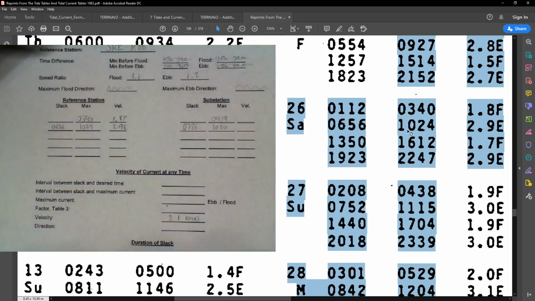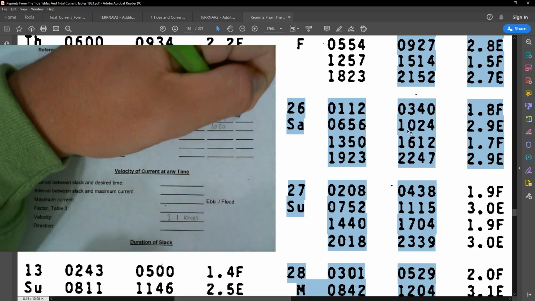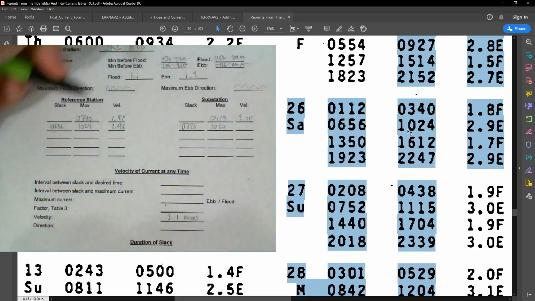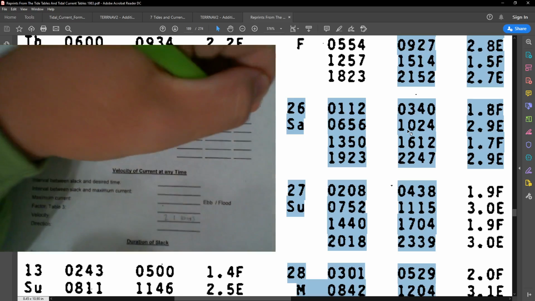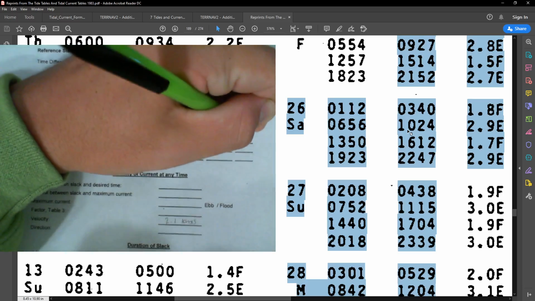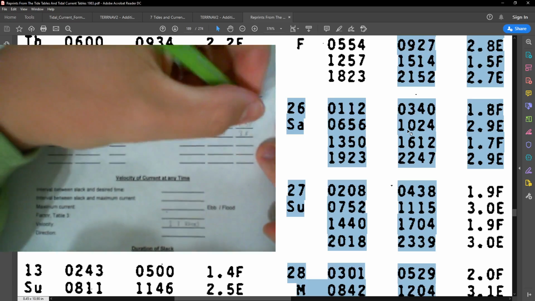Now we got all those accounted for. Our flood is 1.8 times 1.1, which is 2.0, and 2.9 times 1.2 is 3.48, which we're going to round up to 3.5.